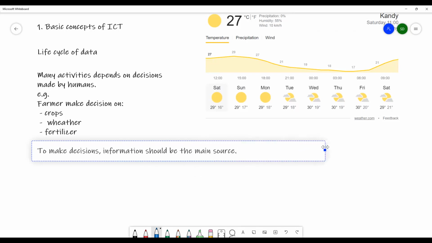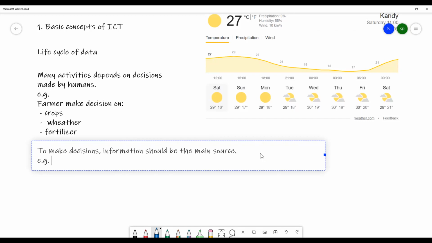Yes. Example, based on the weather information, like we can say www.weather.com, we can plan activities.